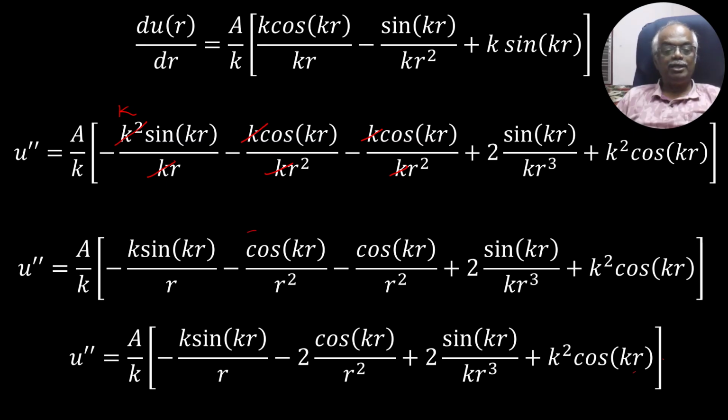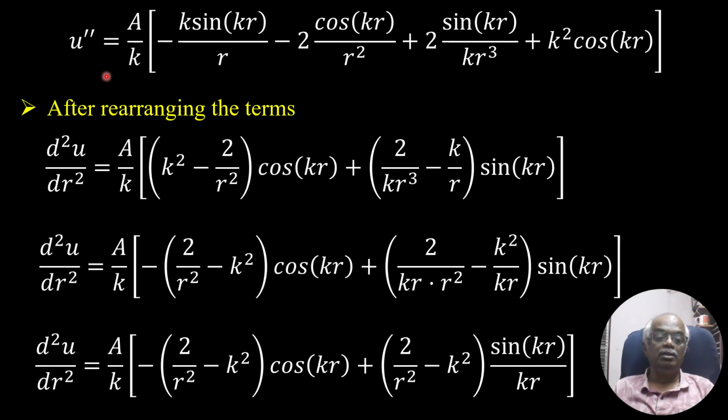Now you take the second and third terms, both are exactly the same. Of course, you have a negative sign, so this can be written as minus 2 cos kr over r squared, and we are keeping the other things as they are.